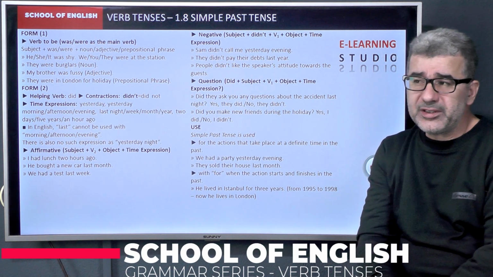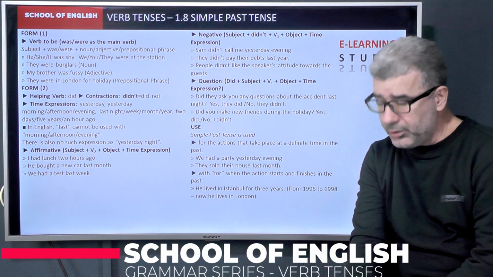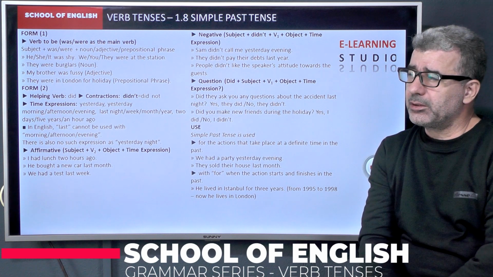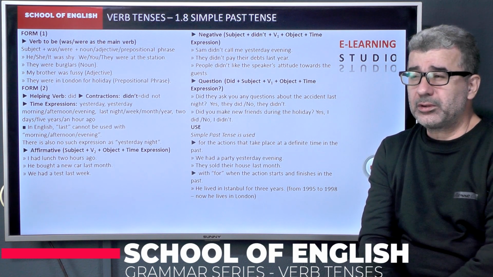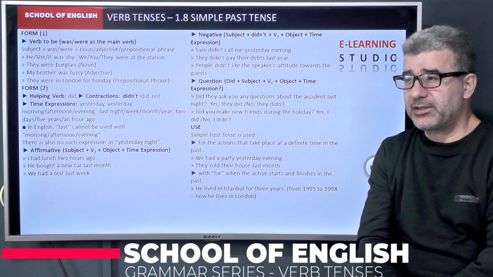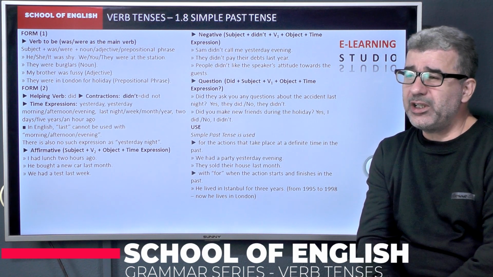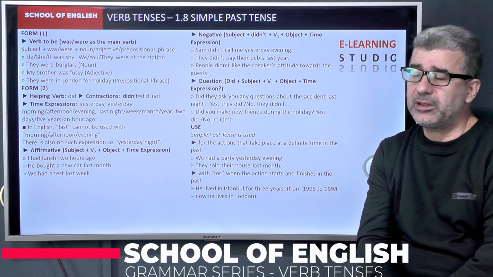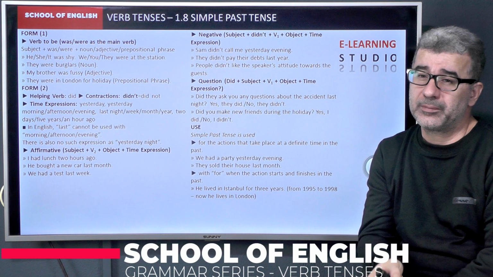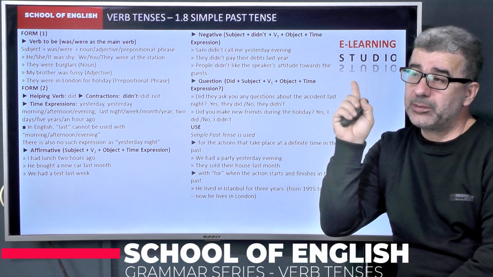Can we use simple past tense with for? You know for and since in present perfect tense. For can also be used with simple past tense, but the duration given should start in the past and finish in the past. It shouldn't reach present time.